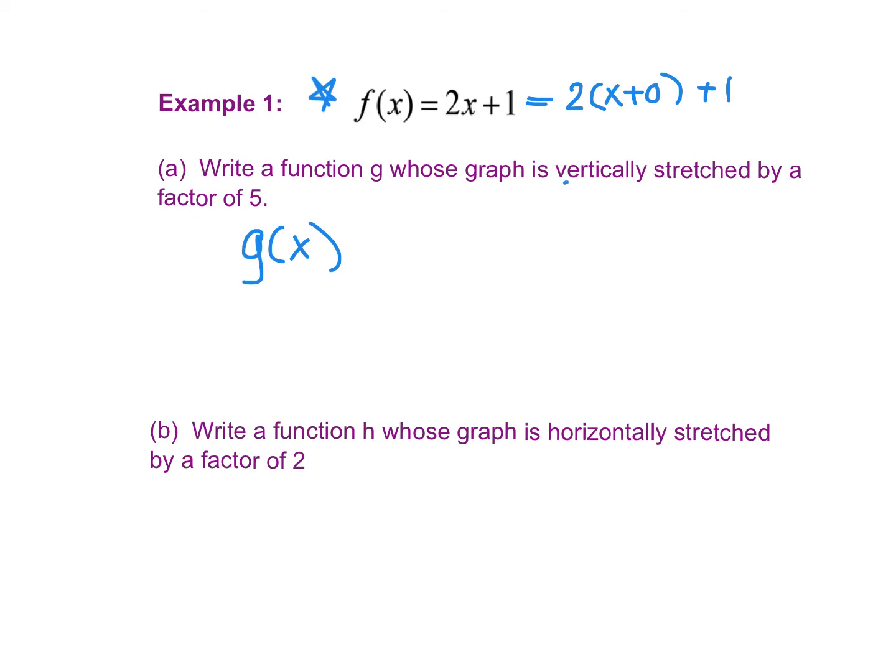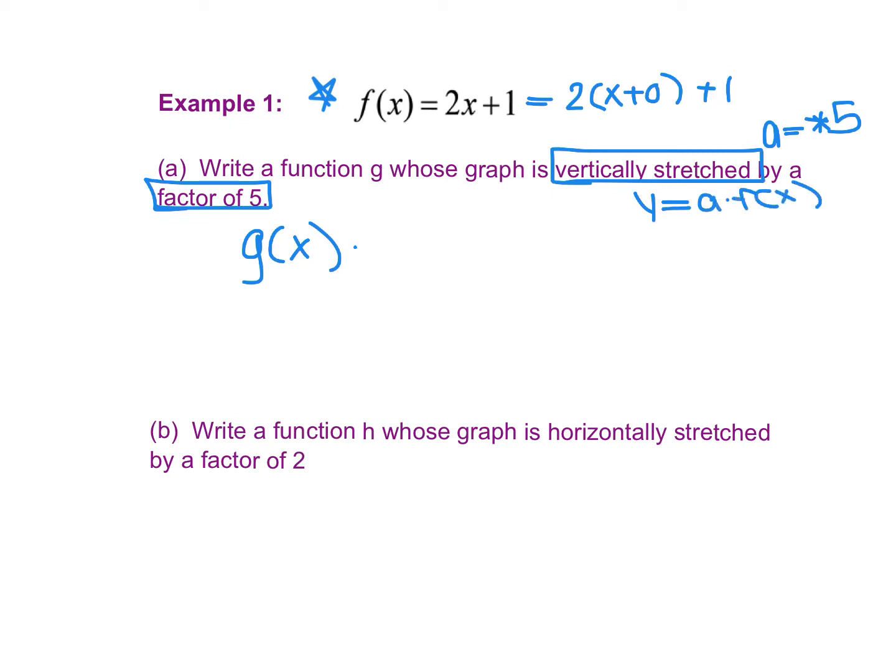Now, we are vertically stretching by a factor of 5. So remember, this means that our a value, we're doing a multiplication of 5. We're going to take every point on that graph and we're going to make it 5 times taller. And remember from our instructions, we saw that this is calculated by taking y equals a times the entire function.